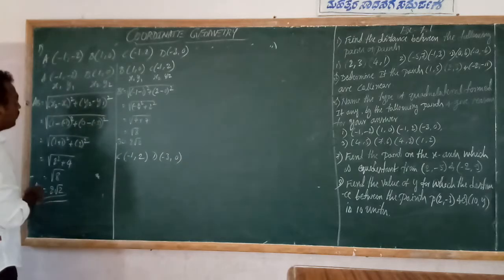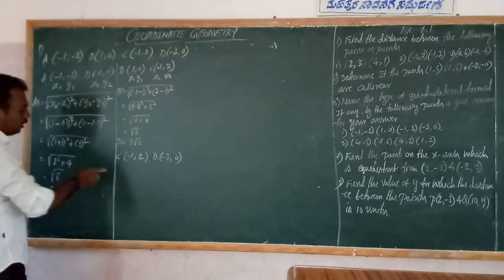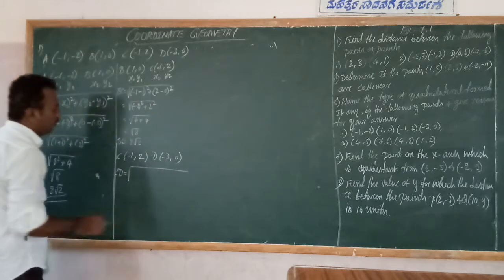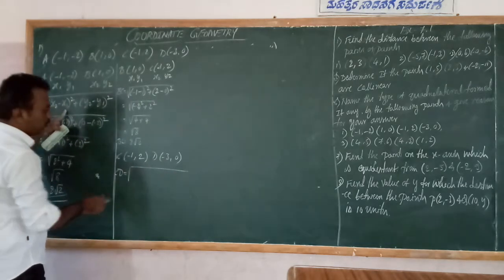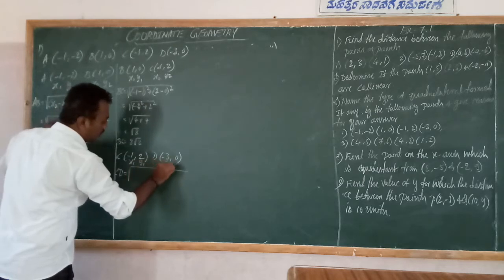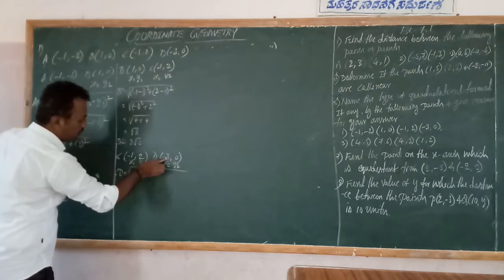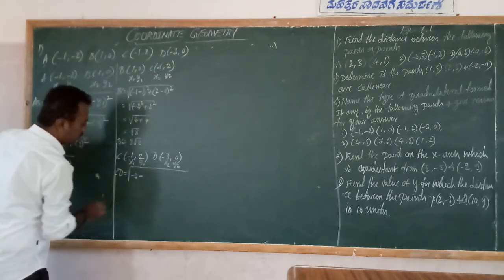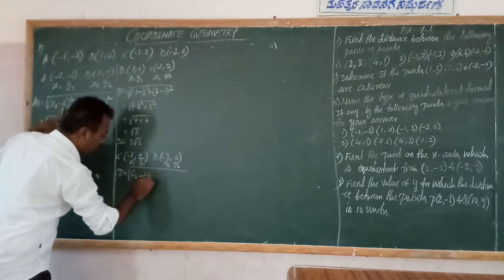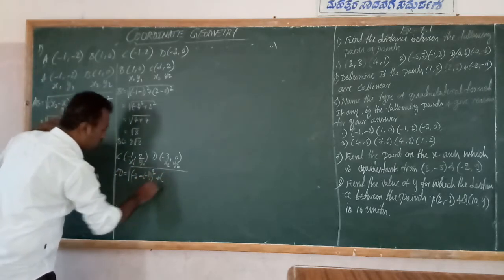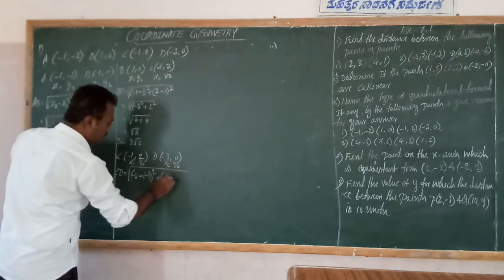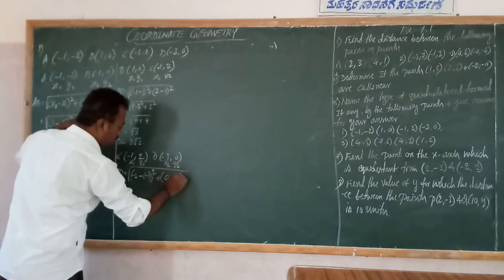The length of CD is the square root of, with the same formula, (x2 minus x1) whole square plus (y2 minus y1) whole square. Here x2 is -3 minus x1, which is -1, whole square, plus y2, which is 0, minus 2 whole square.